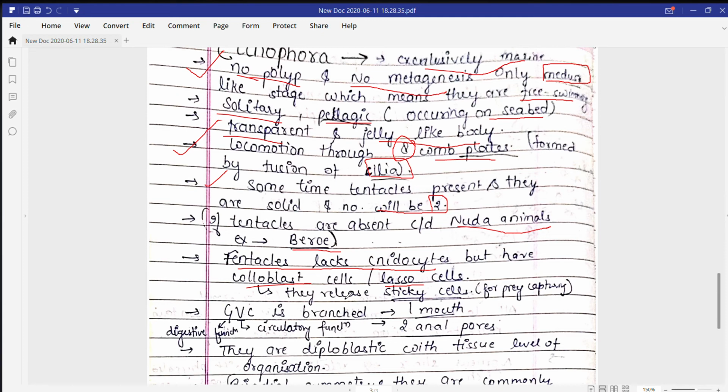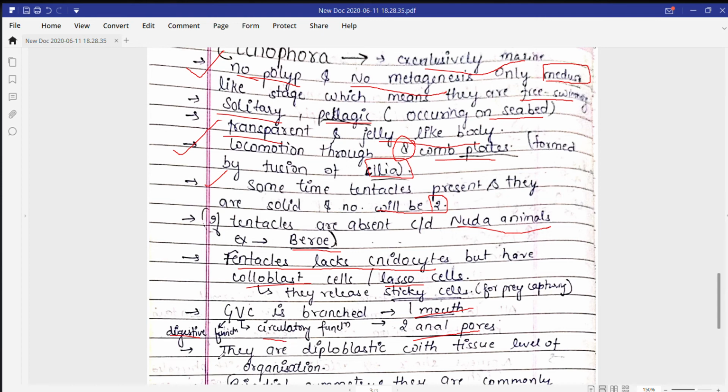They have a branched gastrovascular cavity, meaning one mouth and two anal pores. The gastrovascular cavity functions in digestion and circulation.